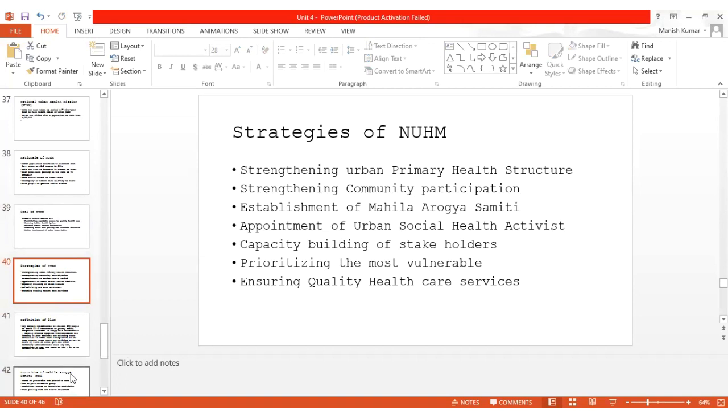One very unique thing of NUHM is MAS. Is anyone aware about MAS? What is MAS? Mahila Arogya Samiti. So under NUHM, they are strengthening the primary health system, which is UPHCs, urban primary health care centers, and strengthening community participation.